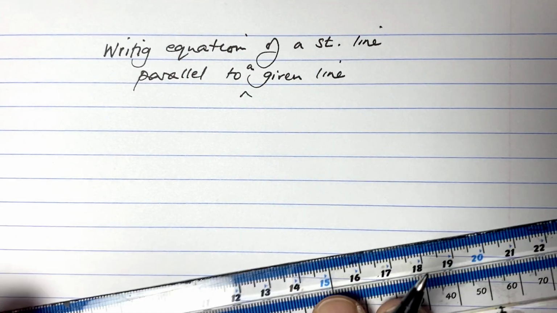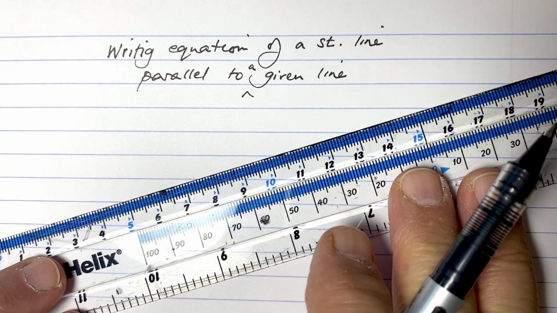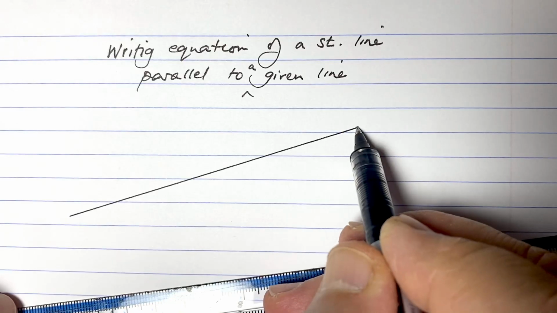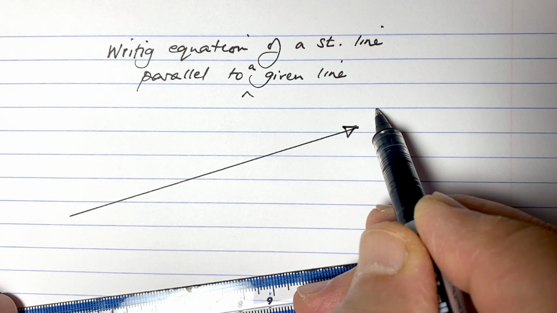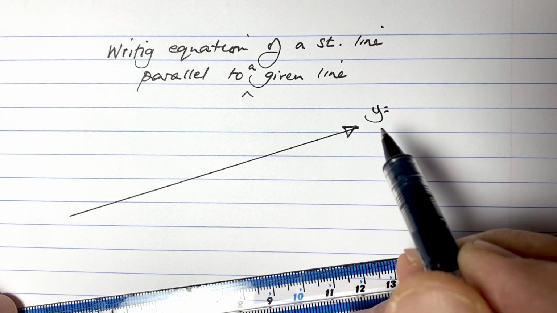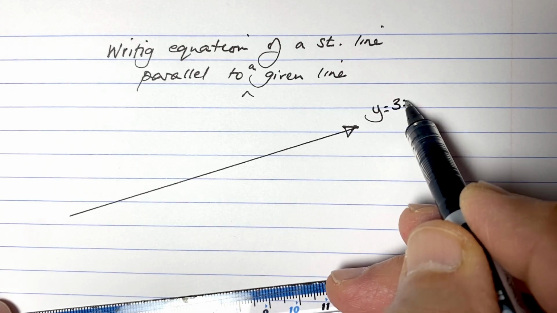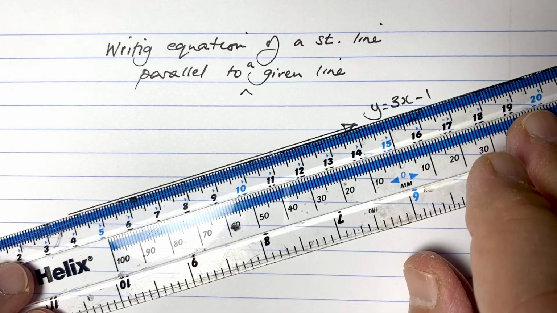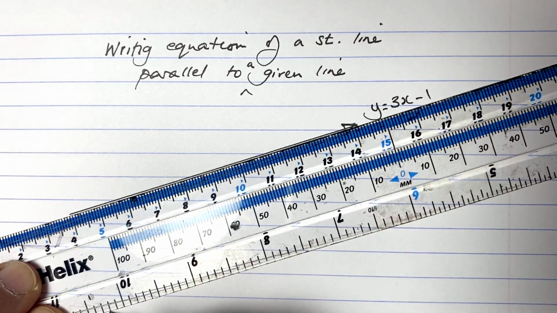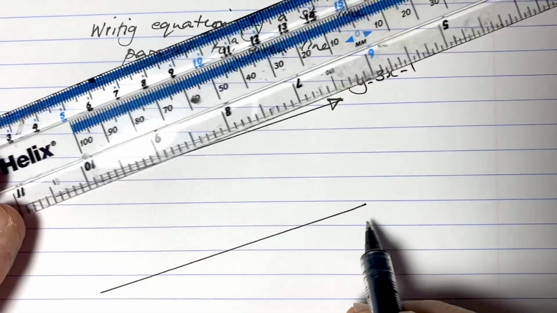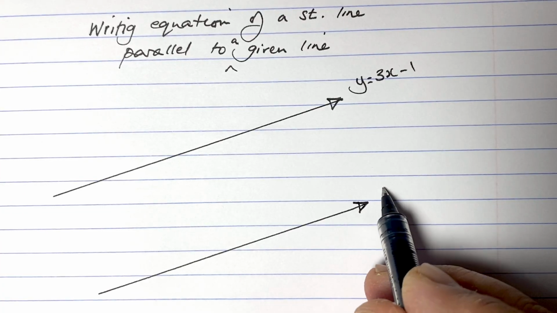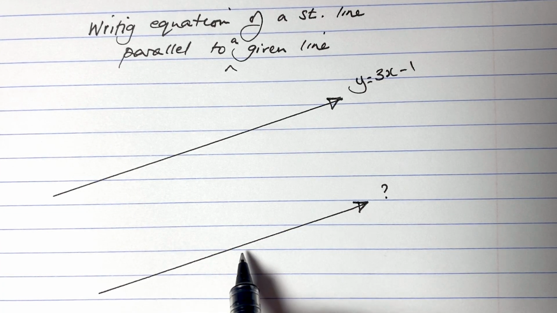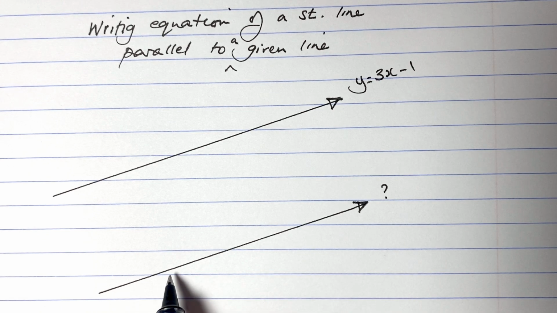For example, I have a line given to me. That line is, I'll give you a simple case, y equals 3x minus 1. I want another line which is parallel to this. Of course, I need to tell you more information.